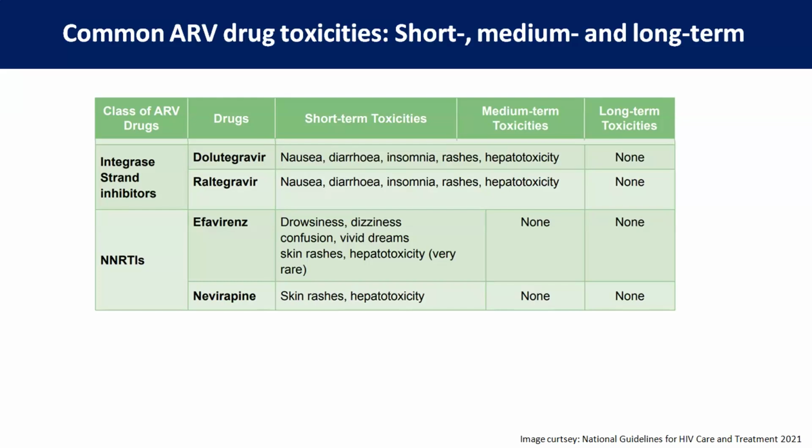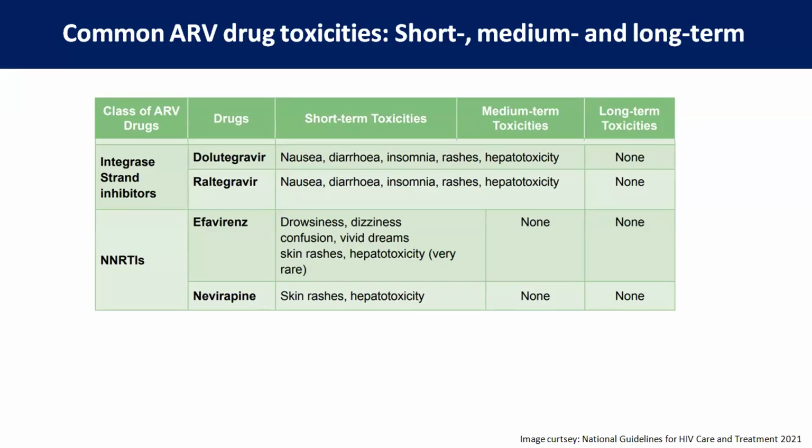And hepatotoxicity is another problem which will come in the next few years, especially if associated with alcoholic liver disease. The studies are going on. And raltegravir was used previously. Similar types of toxicities like dolutegravir develop, but no long-term toxicity has been detected till date.